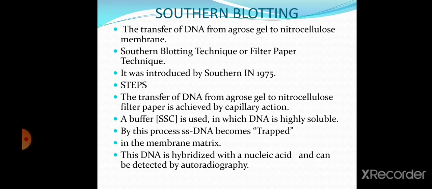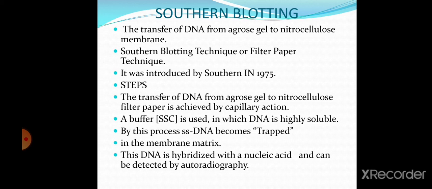By this process, single stranded DNA becomes trapped. Trapped means what? Caught in the membrane matrix. This DNA is hybridized with the nucleic acid and can be detected by autoradiography.